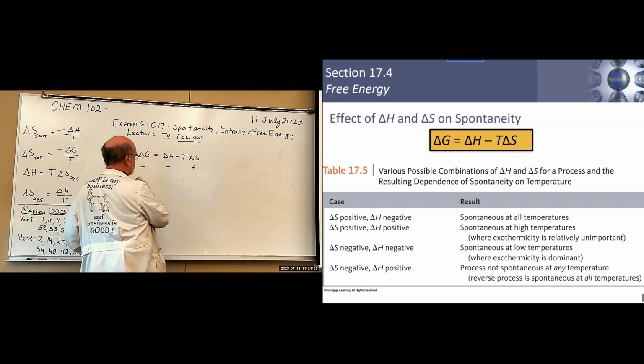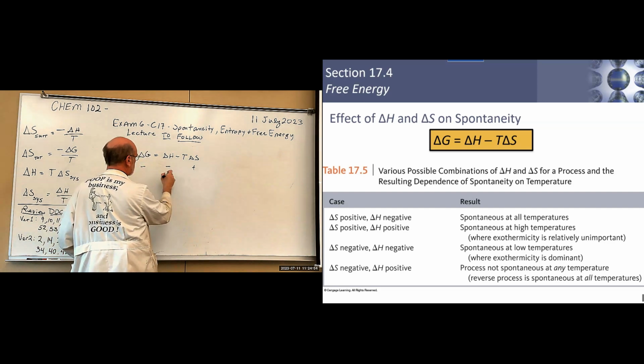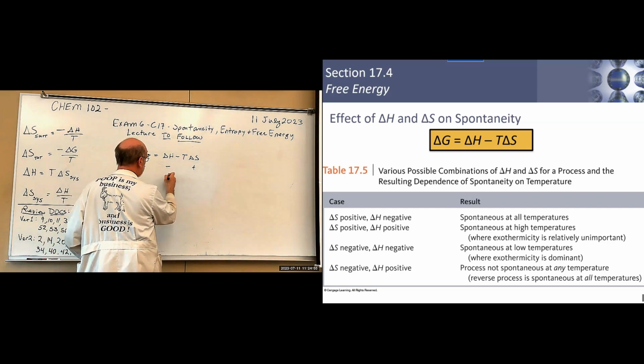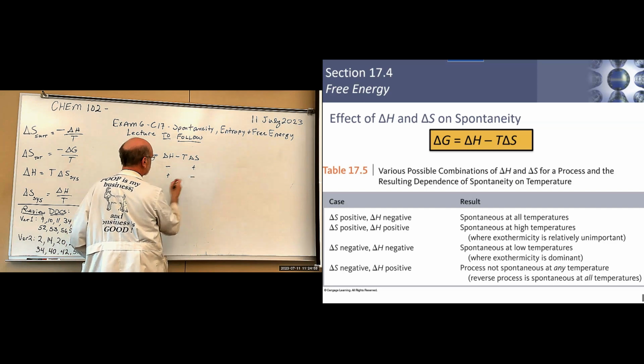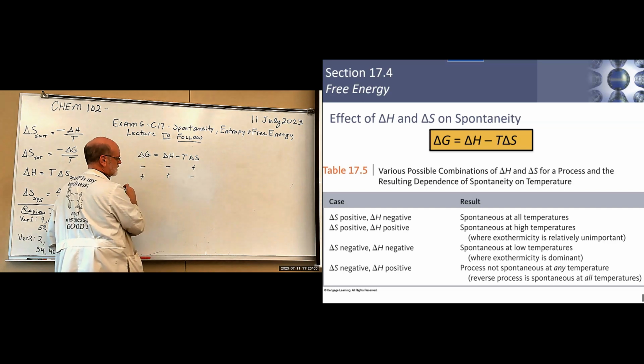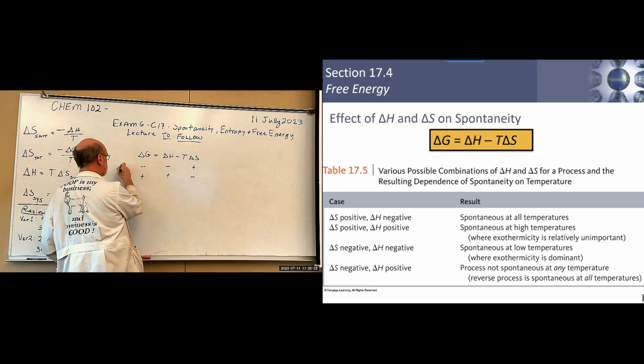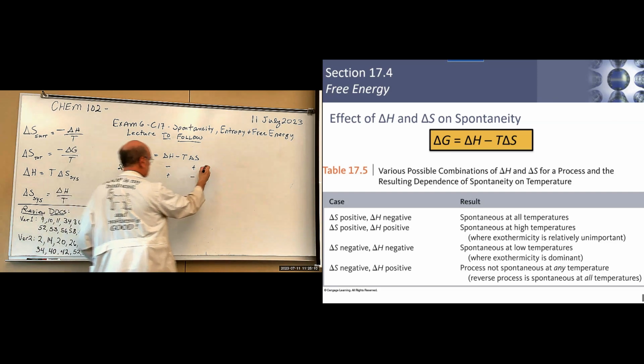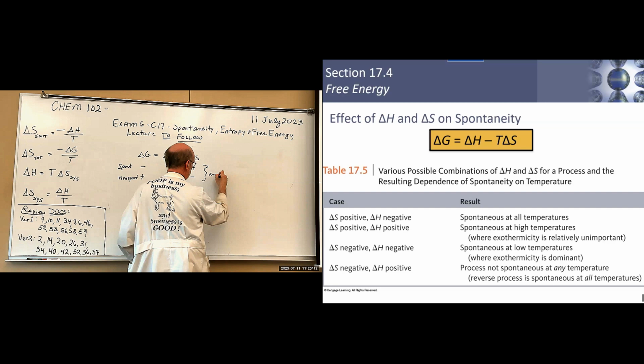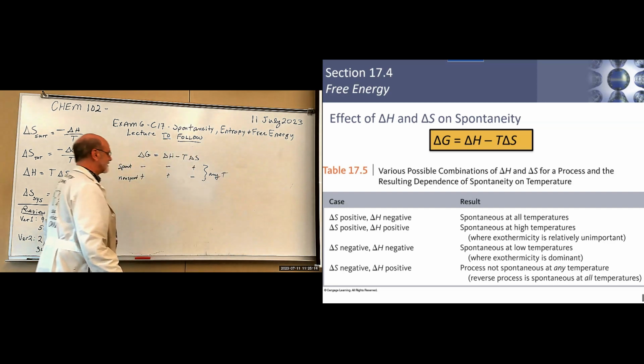And if you have a positive here and a negative there, it will always be positive, which means it's non-spontaneous. This is spontaneous. This is non-spontaneous in the forward direction at any temperature. Okay.